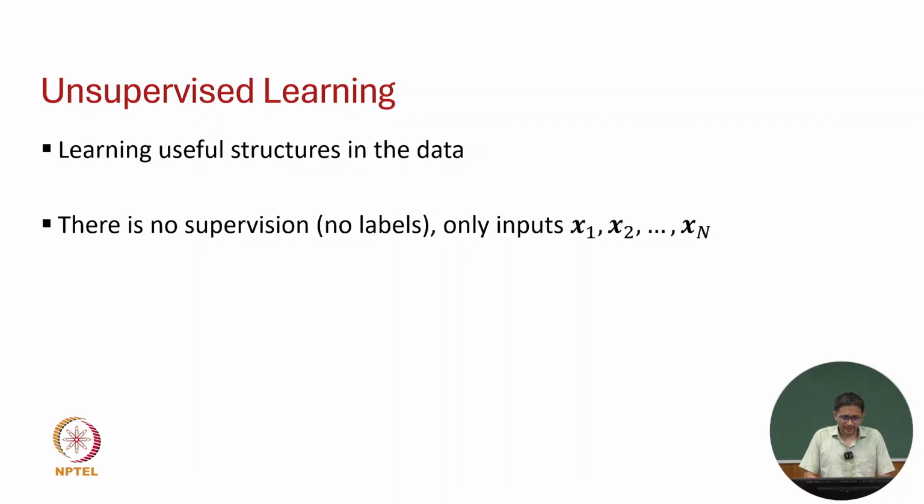So a similar idea also makes sense when you talk about data analysis or machine learning.